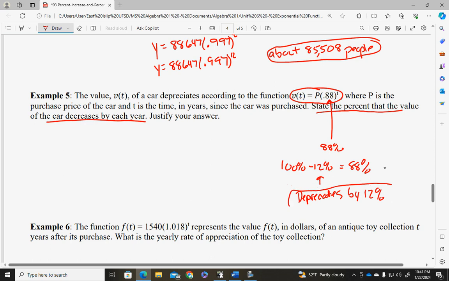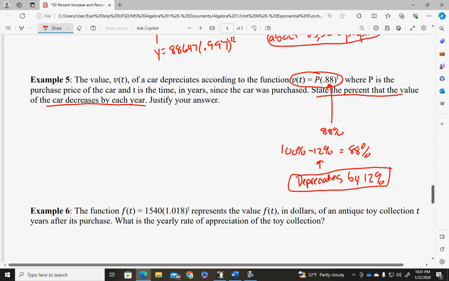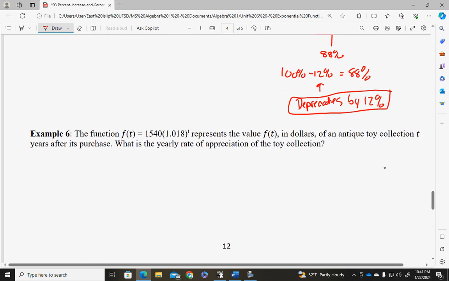So keep in mind that the percent that you see in the problem is not the percent that it's increasing or decreasing, because that comes from some sort of addition or subtraction. So number 6, this function, I already know that it's a growth, right? It's greater than 1. So it represents, in dollars, an antique toy collection T years after its purchase.